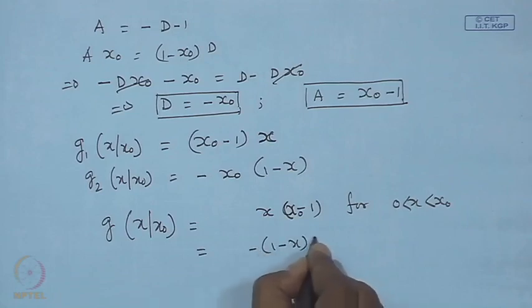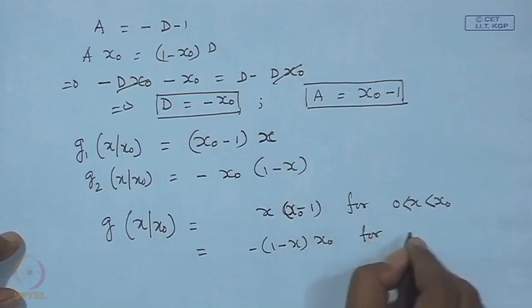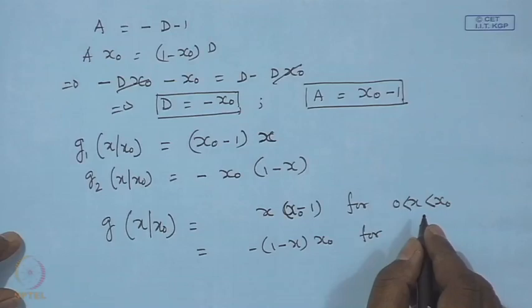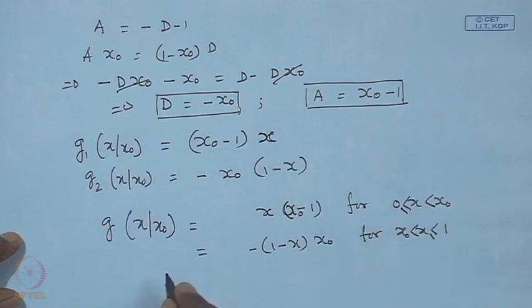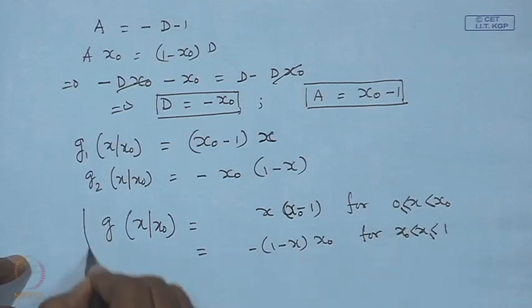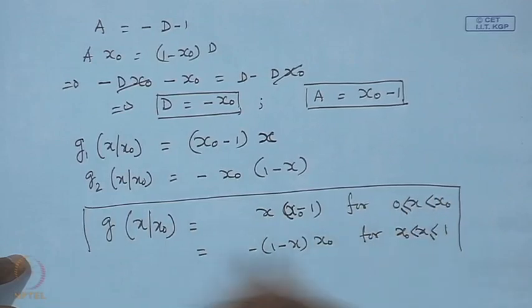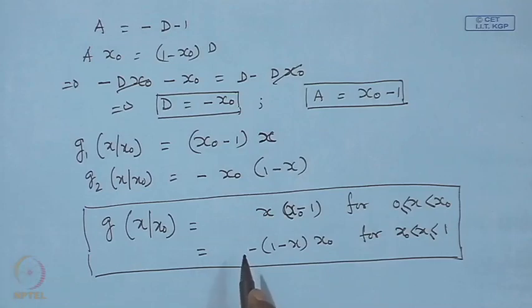So, it will be for upper half solution. So, we divide the part into two parts excluding x naught. Okay. So, this gives the general expression of g for the two parts.